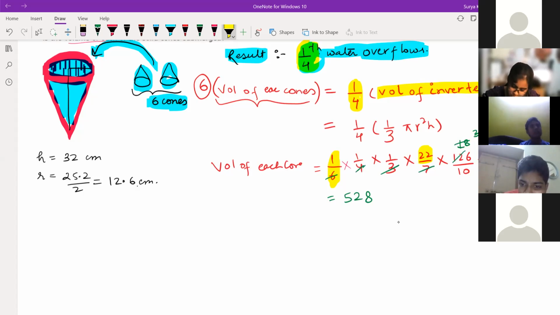So I'm going to multiply with the help of a calculator. That is 22 into 8, 176, right? Into 126, 22,176, and we have to put 0 over here.